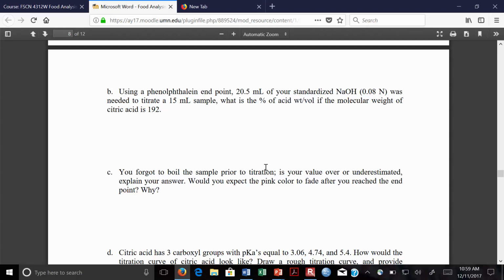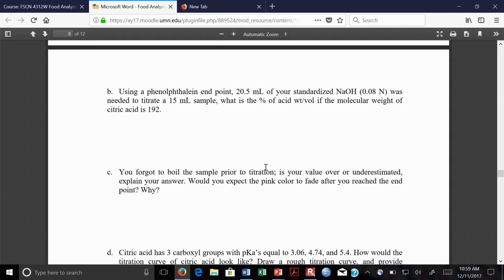You need the equivalent weight in your equation. I will give you the molecular weight of citric acid, and somewhere I say citric acid has 3 carboxyl groups. That means it can donate 3 hydrogens, so the equivalent weight is 192 divided by 3. You have to include that in the equation.